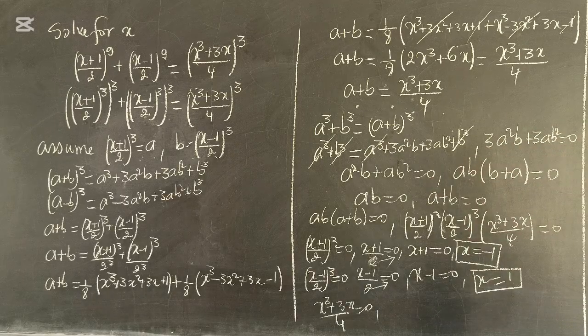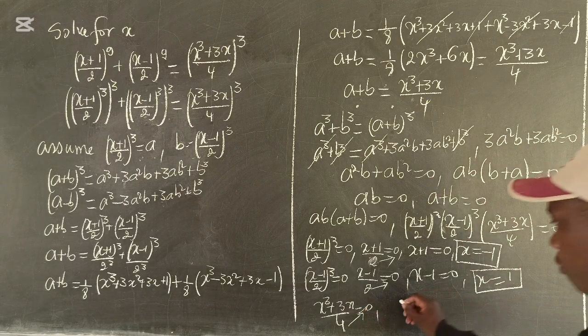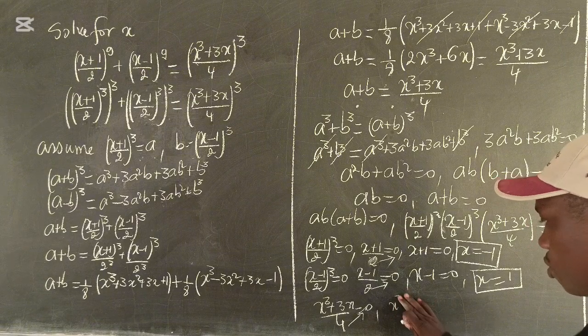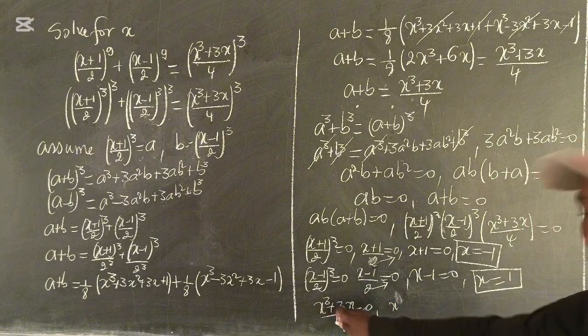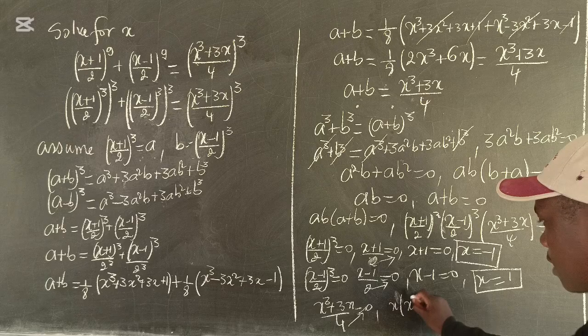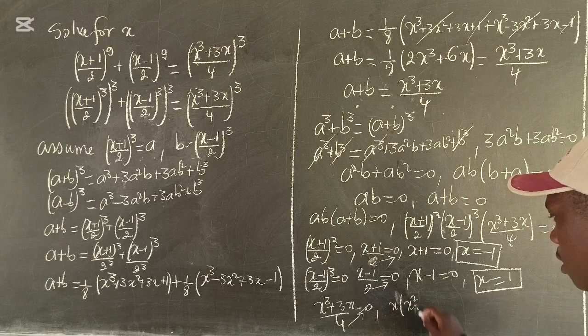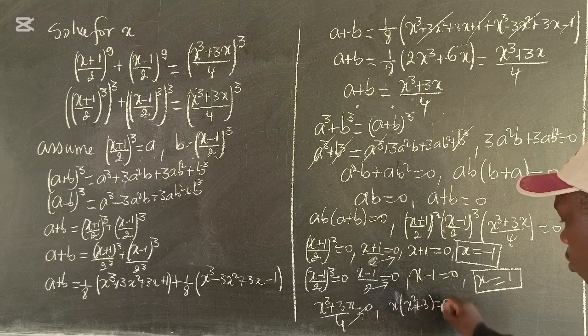As you see, I can cross multiply to get 0. We have x power 3 plus 3x, so let me factorize by x here: x into (x squared plus 3), which is 0.